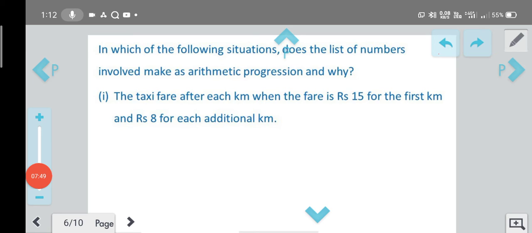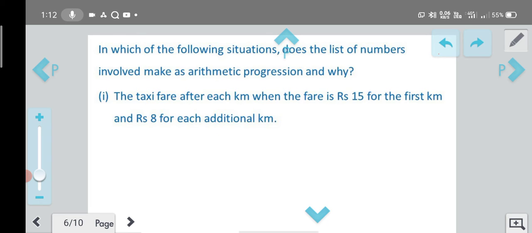Okay children, now we will solve question 1, first part of exercise 5.1. Here is the question: in which of the following situations does the list of numbers involved make an arithmetic progression, and why?